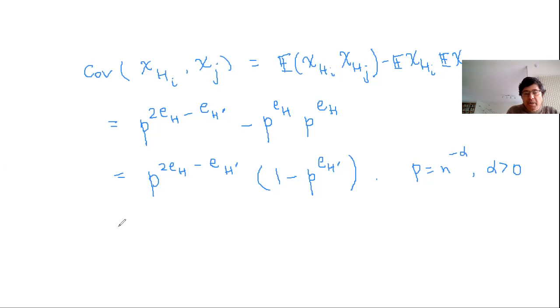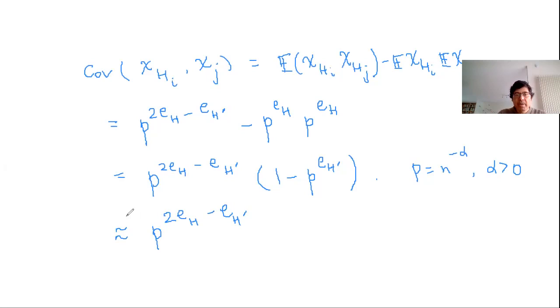So p to the EH prime is going to 0. So this is approximately p to the 2EH minus EH prime. Okay, so we are only interested in intersections which have at least one edge. Otherwise, the covariance is 0.